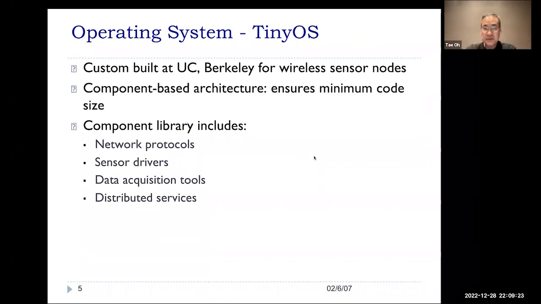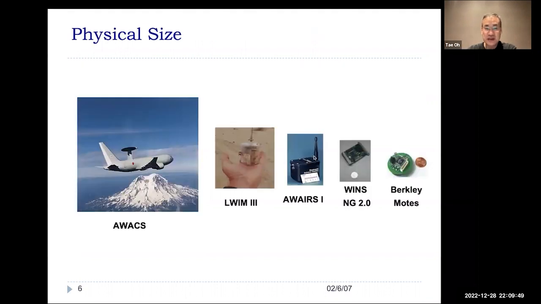It's a very simple operating system that can be handled by sensors. It's a component-based architecture that ensures a minimum code size. There was a number of component libraries: network protocol, sensor driver, data acquisition tool, and distributed services. There were a few tools available in TinyOS.